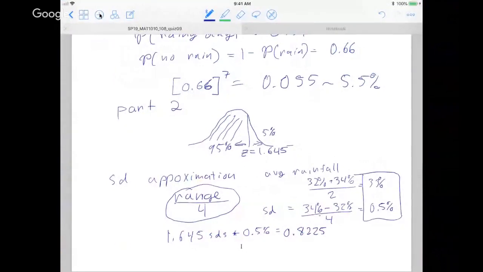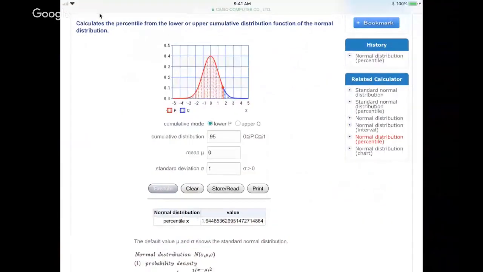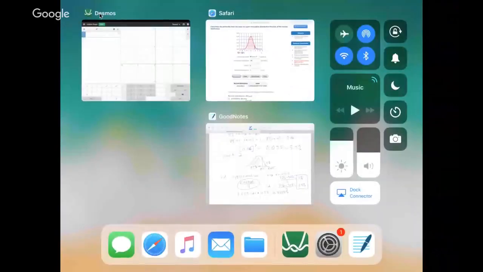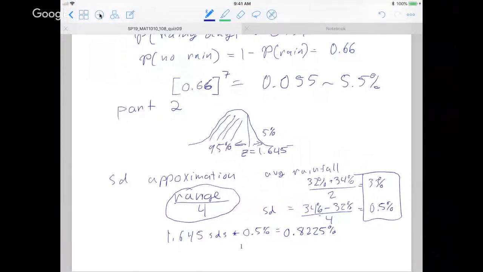I've calculated my standard deviation to be 0.5%. So 1.645 of those is 0.8225%. Here's the next part: that means I have to be that percent above the mean.